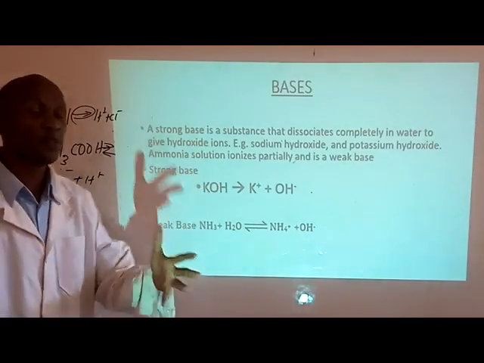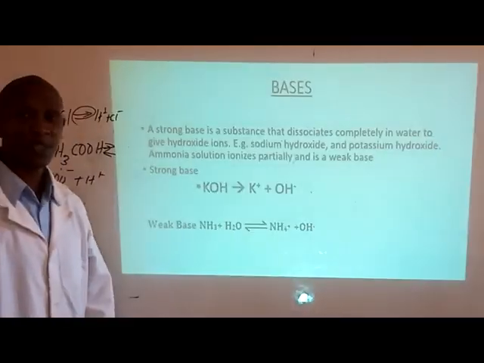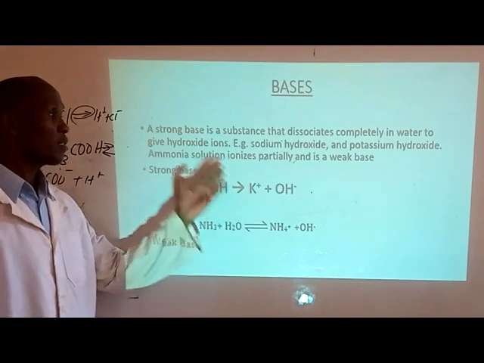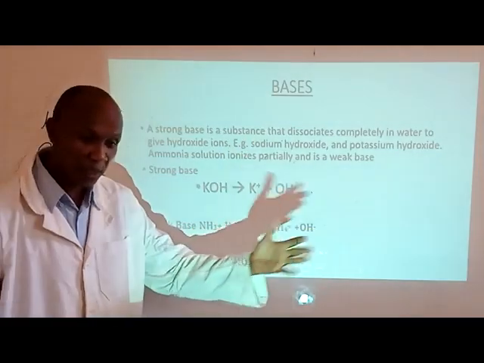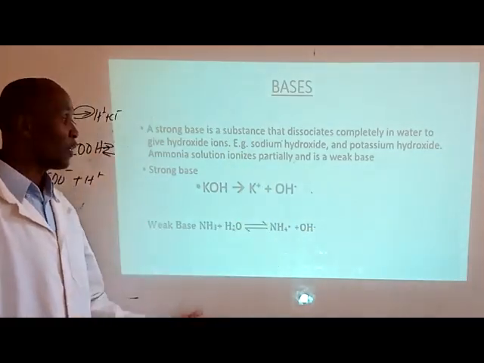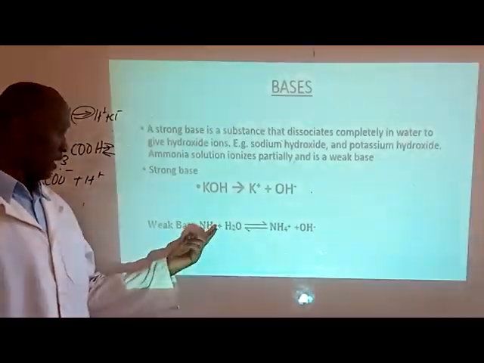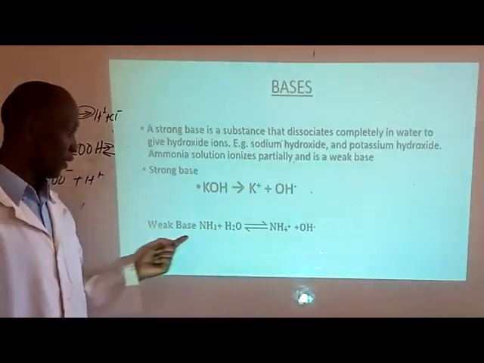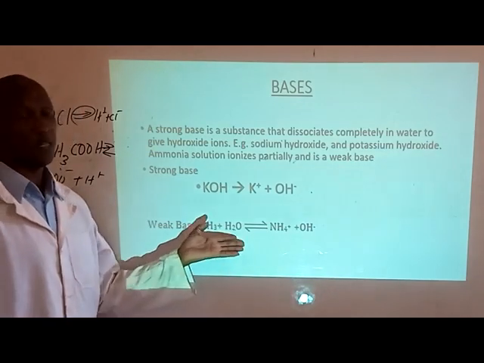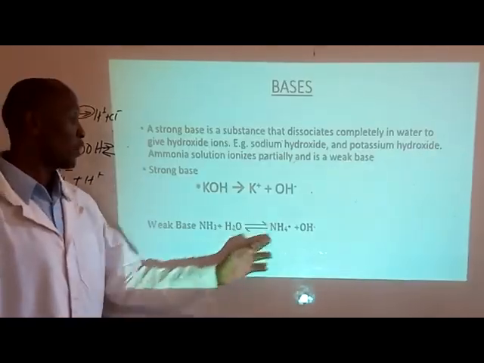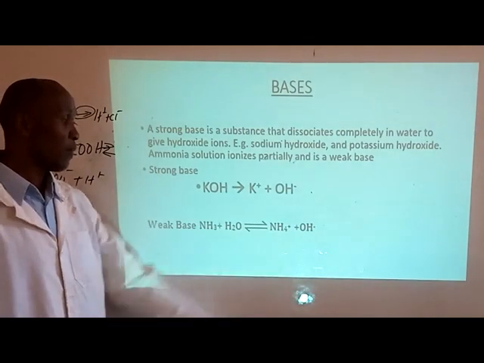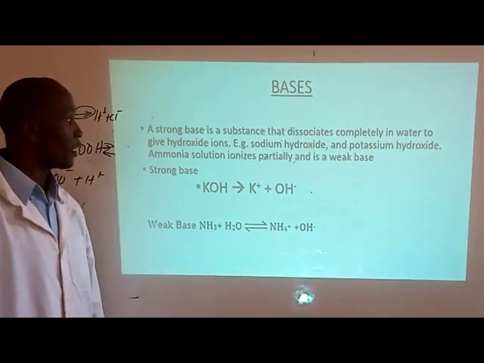Similarly, bases can be classified into either strong or weak. A strong base will undergo complete ionization. A weak base will undergo partial ionization. One of the main examples of a weak base is ammonia. It undergoes partial ionization to form the ammonium ion and the hydroxide ion.